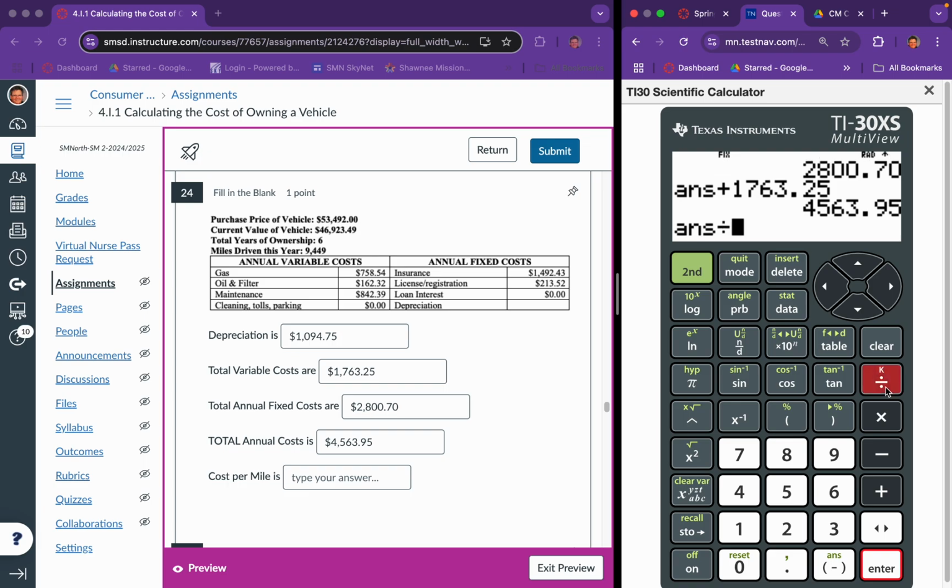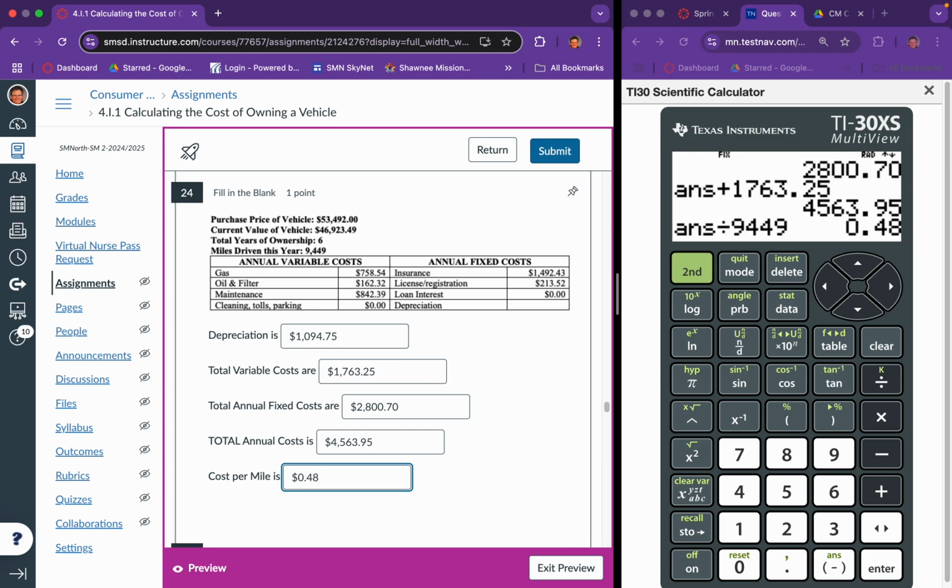So we're going to go divided by 9,449 miles to find out that your car costs you 48 cents a mile to drive. So if you live 1 mile from north, it costs you 48 cents to come to school, 48 cents to go home.